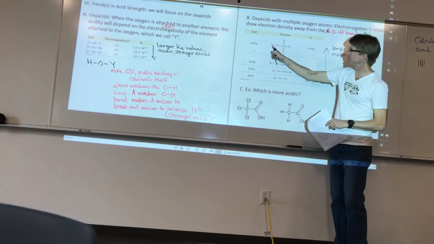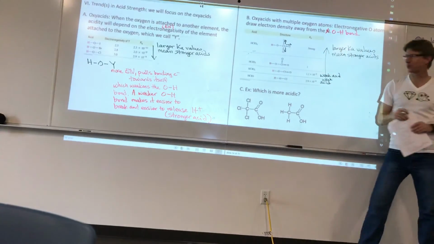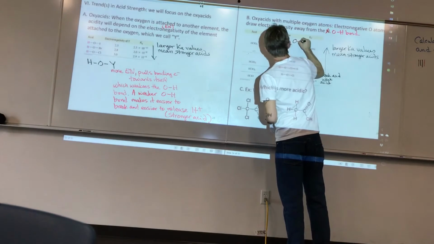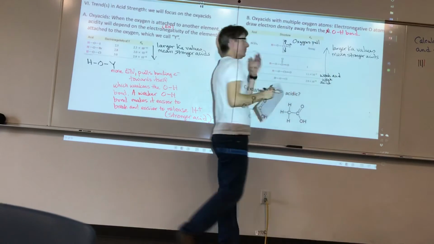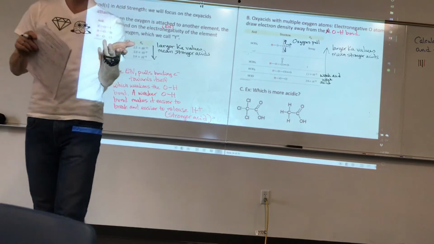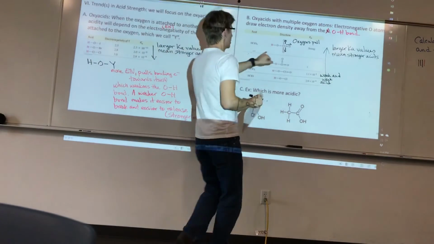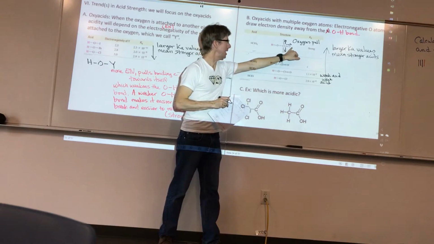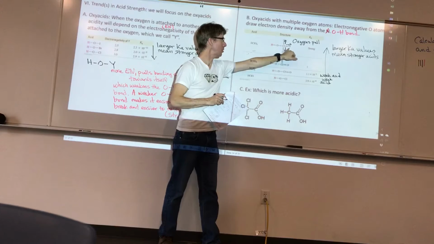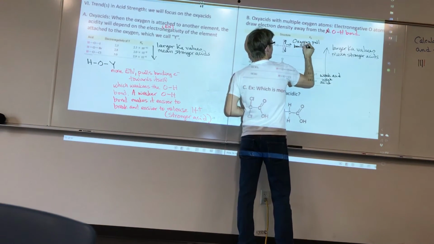This time our picture is that we have oxygens pulling electron density away from chlorine. I use the term electron density; another way of saying it is that they pull bonding electrons away from the chlorine towards the oxygen.